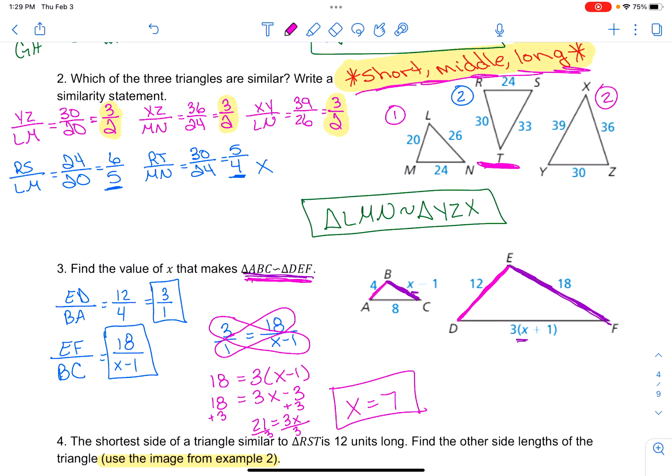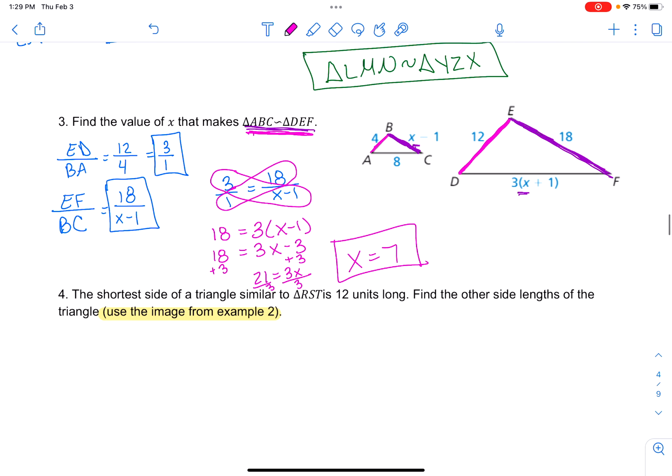So the shortest side of RST was 24. So to find our main proportion that we need to match up against, we know that the shortest side of RST was 24, and the shortest side of this other triangle is 12. Well, in this case, 24 over 12 simplifies to 2 over 1.